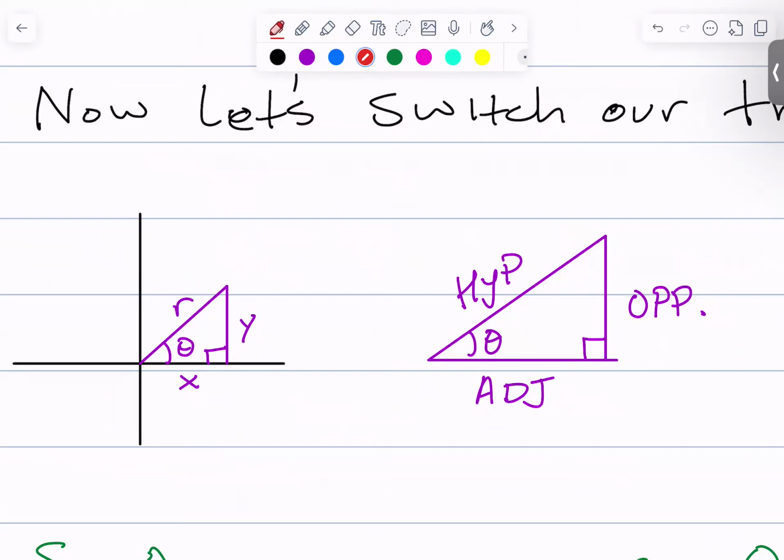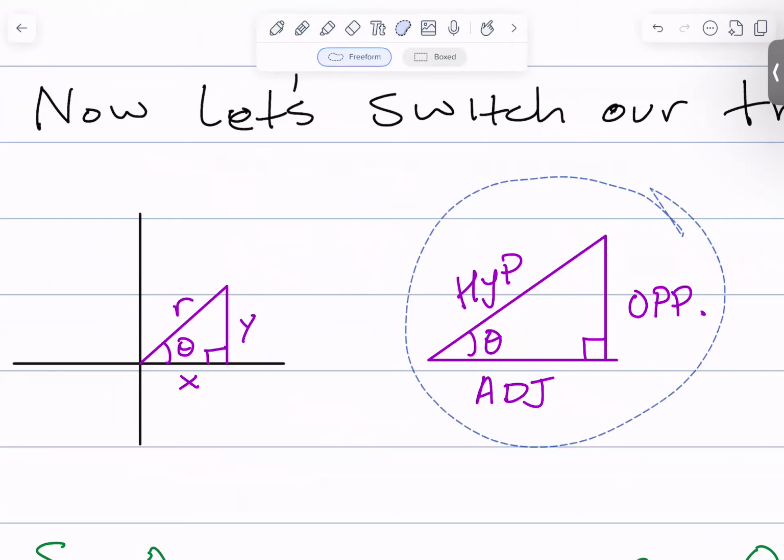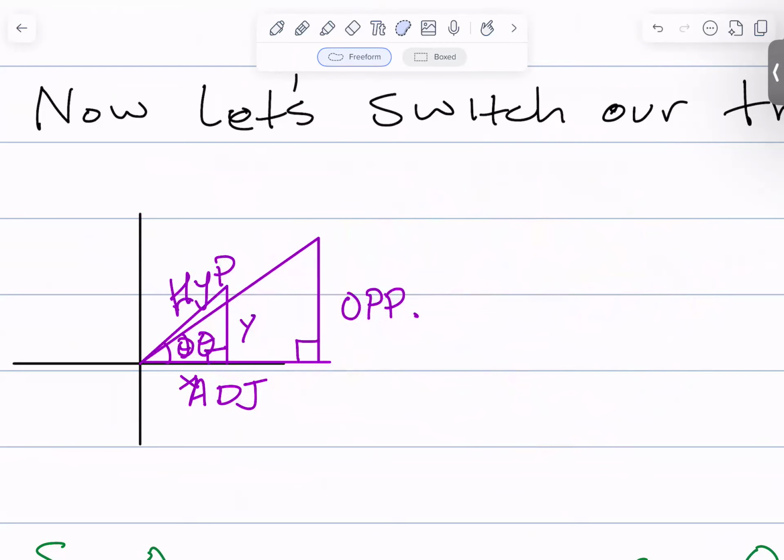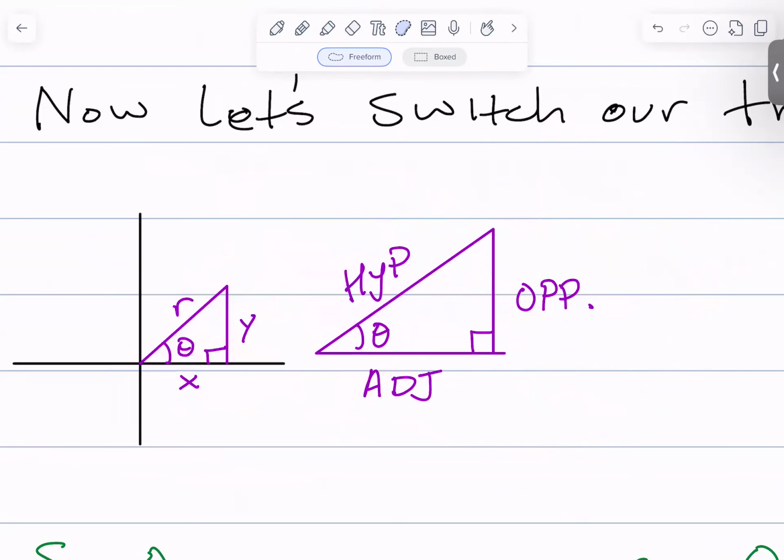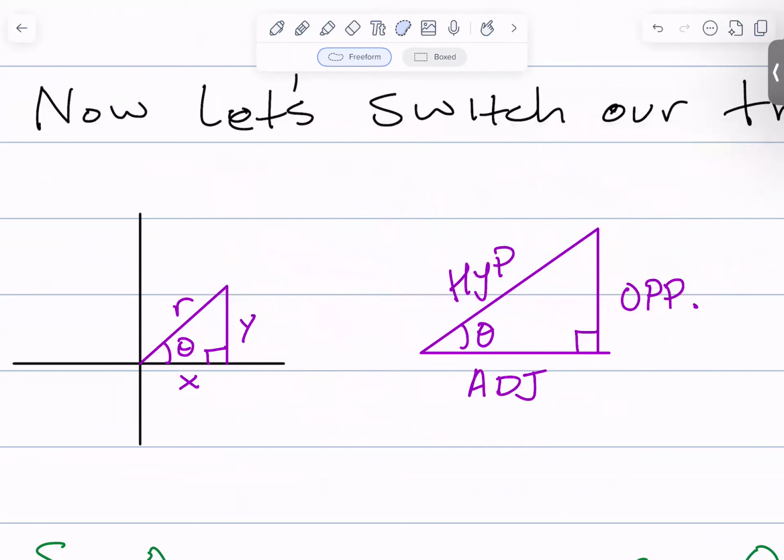R being the radius of the circle, y being the y coordinate, and x being the x coordinate. Okay? So notice that if I take this triangle here, right, and I plop it on here, the opposite side would be the same as my y.